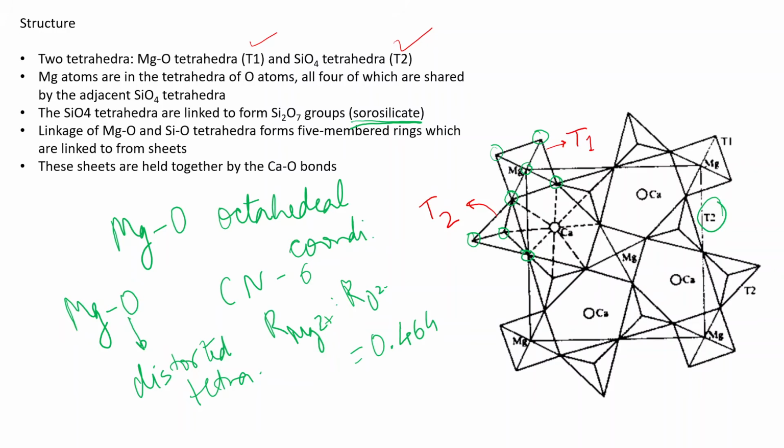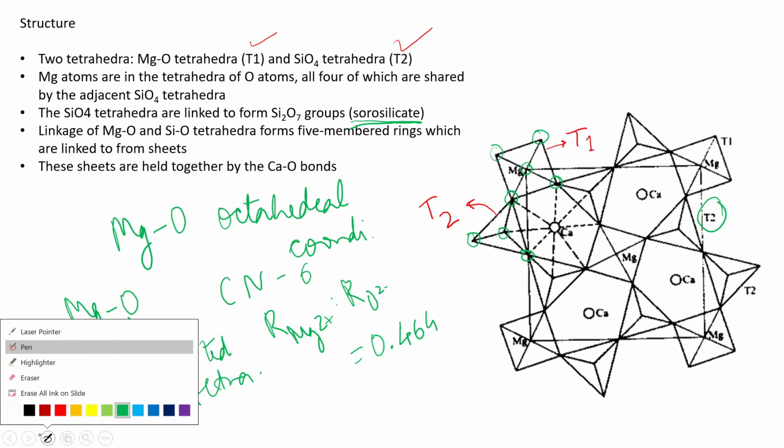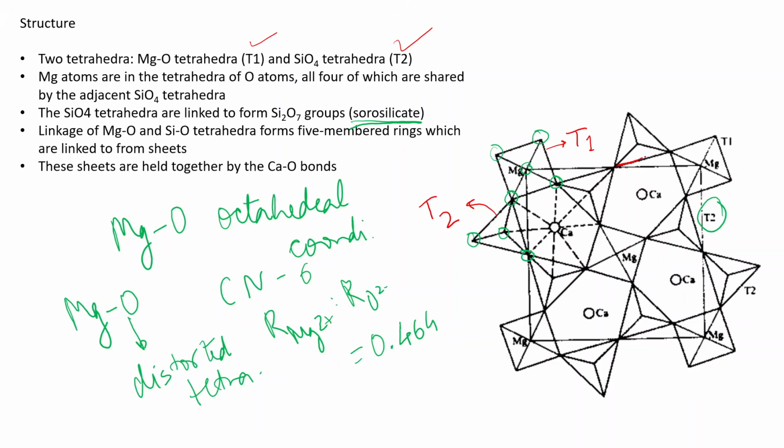Once the MgO and SiO4 tetrahedra are linked together, they form a five-membered ring. If you see here carefully, I am drawing it in red color. This is the five-membered ring. Can you see this pentagon over here?